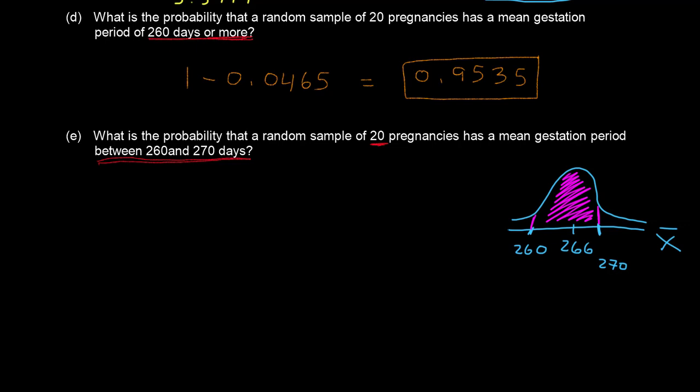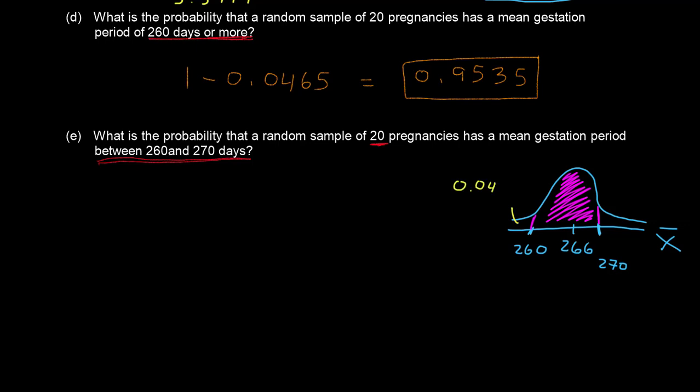So just like earlier, we want to find these probabilities using the standard normal distribution by using z-scores. Now, we already know the area to the left of 260, right? We don't need to go find a z-score for that again.